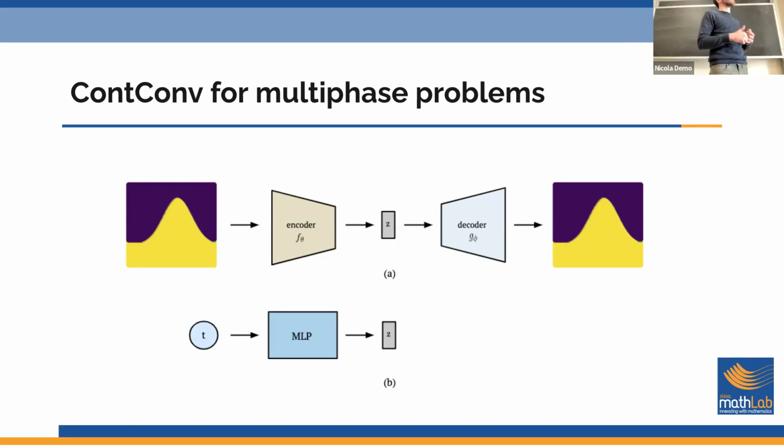But then the space is very big, because if you want the level of detail you are interested in, you have to interpolate on a very fine reference mesh. Instead here, you don't need any other operation in the middle. You take your snapshot, pass it through this network, and at the end you get this latent dimension, and you're done. You can exploit it exactly in the same fashion as the POD.